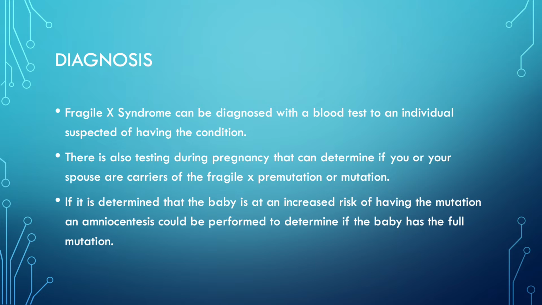If it is determined that the baby is at an increased risk, or if the mother or father has the mutation or premutation, an amniocentesis could be performed to determine if the baby has the full mutation.